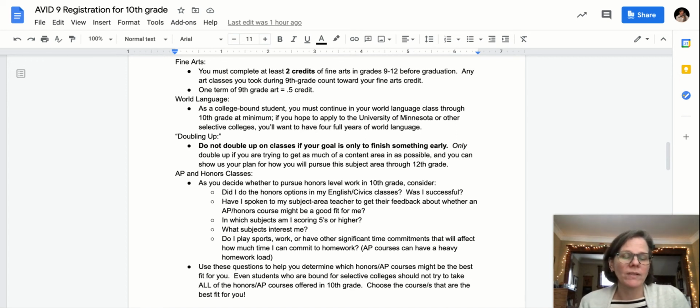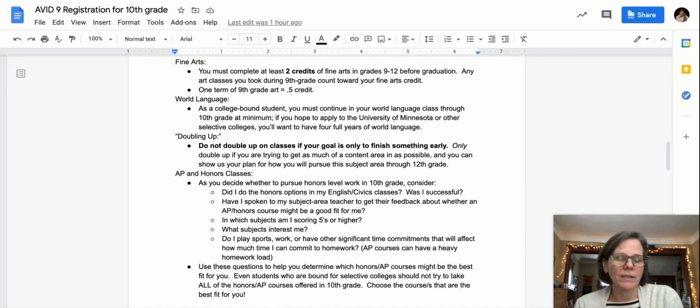If you're looking at more selective colleges outstate, you're looking at Macalester, Carleton, or Harvard, Yale, Stanford, whatever, UCLA, you will need 4 years of a world language. That's what colleges are looking for. So they consider world language part of your core classes for college entrance, but everybody should be taking a world language for next year.